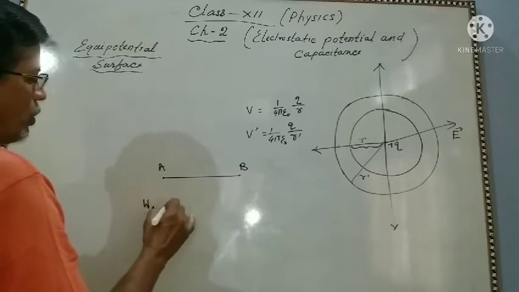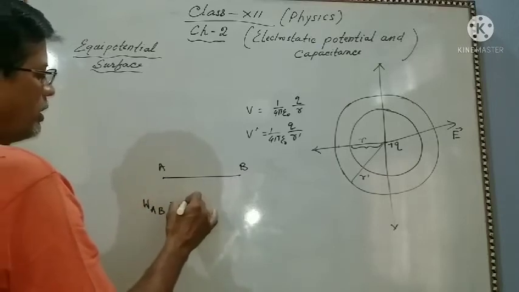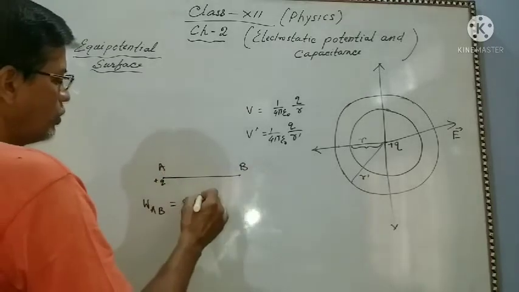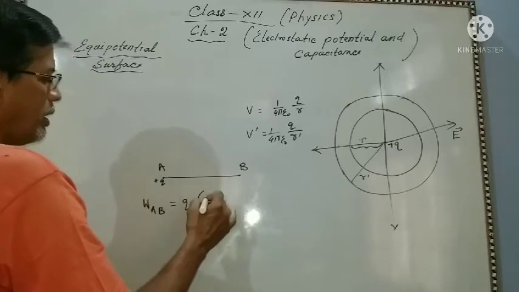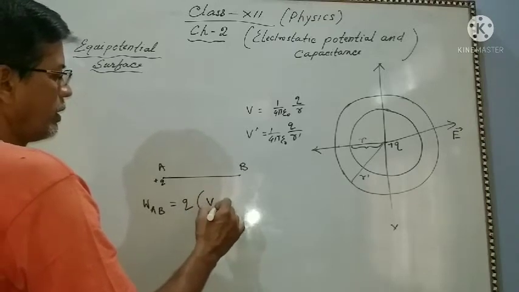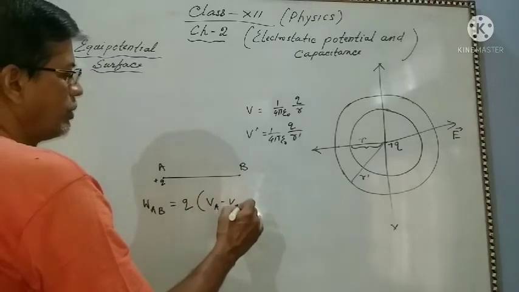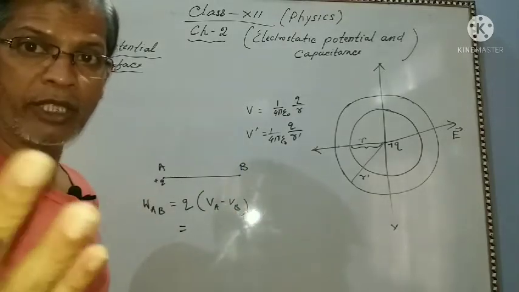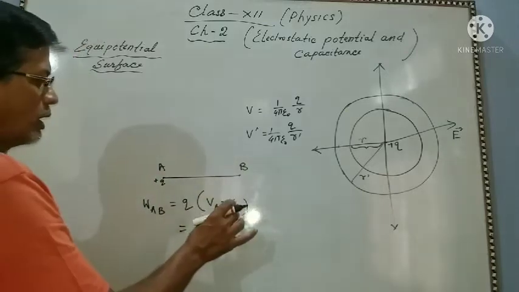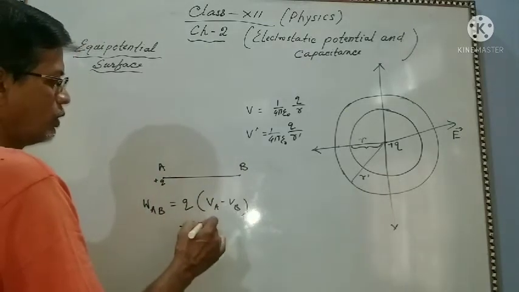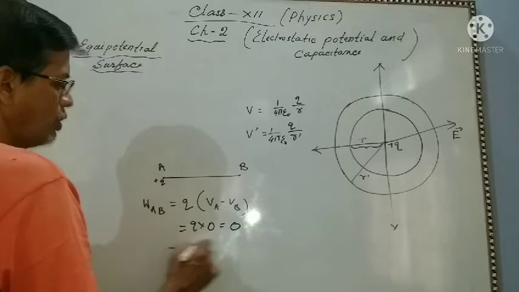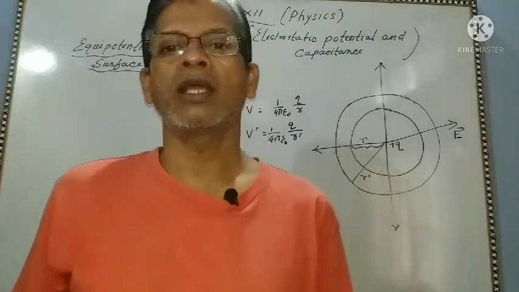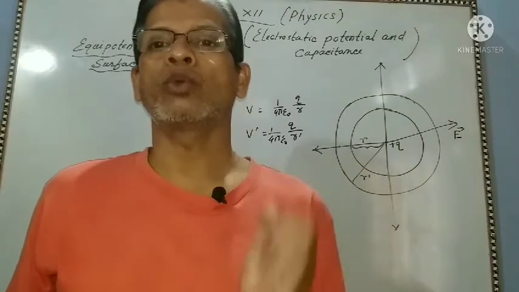W AB equals Q into V A minus V B, if plus Q charge is taken. But these two are equipotential, meaning equal potential. So these two are equal, so their difference is 0. So Q into 0 equals 0. So on an equipotential surface, if a charge is taken from one point to another point, no work will be done.